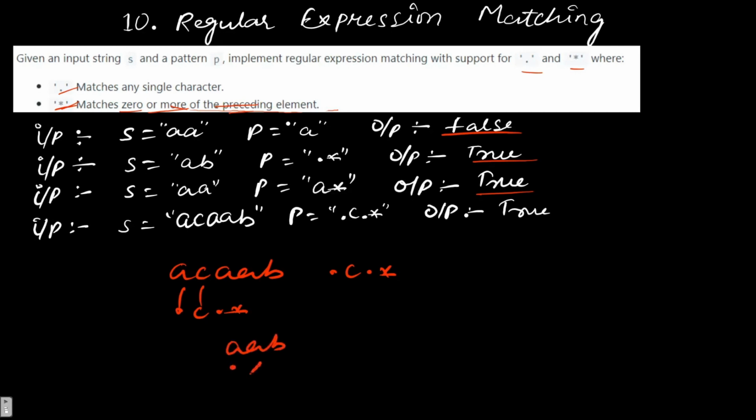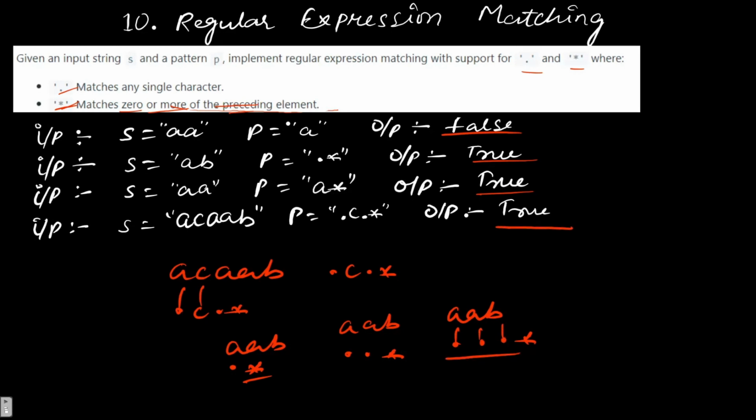Since there is a star after dot, dot can be repeated as many times as we want. So dot can be matched with a, another dot can be matched with a, and another dot can be matched with b. So this is going to return true.